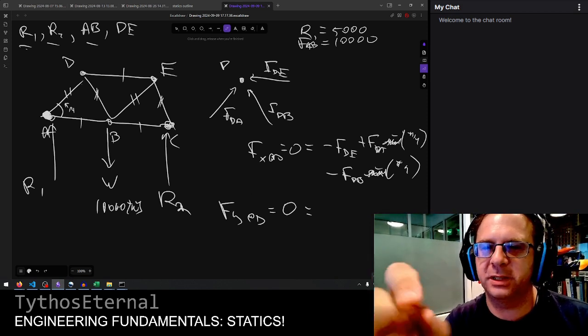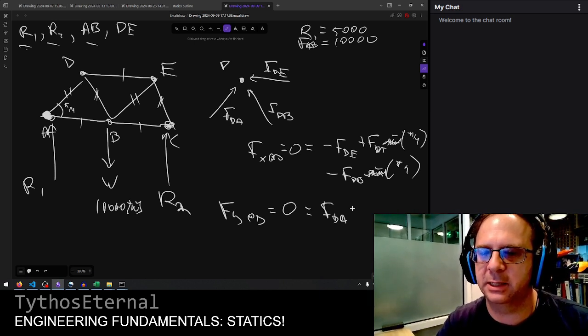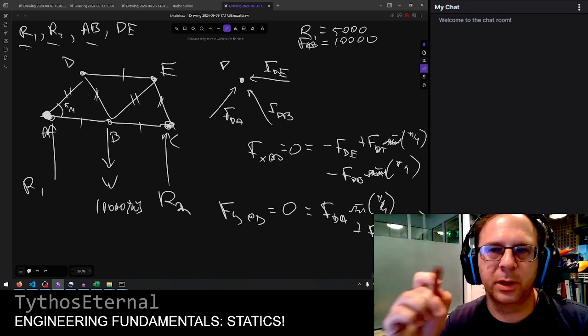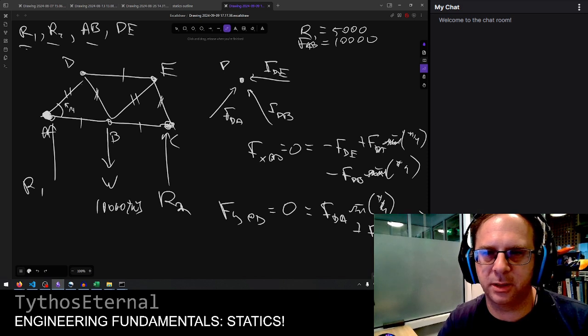Y forces about D. So FDA, now it's sine pi over 4. Let's see. With our convention, FDB sine pi over 4. Right. So we know AB.